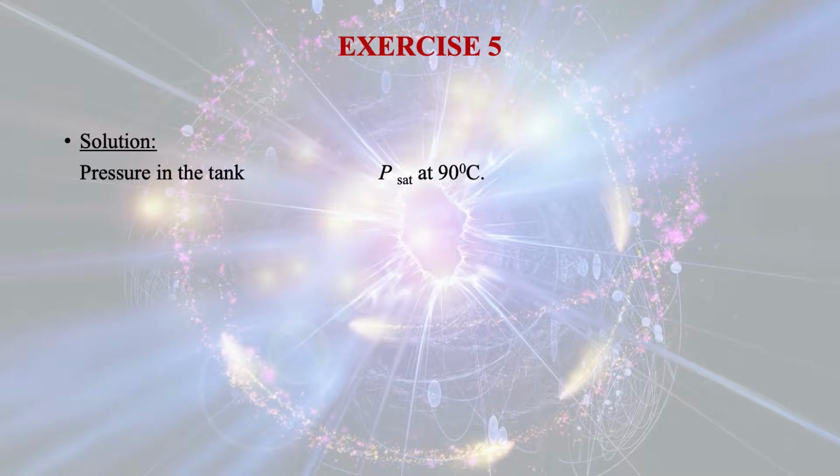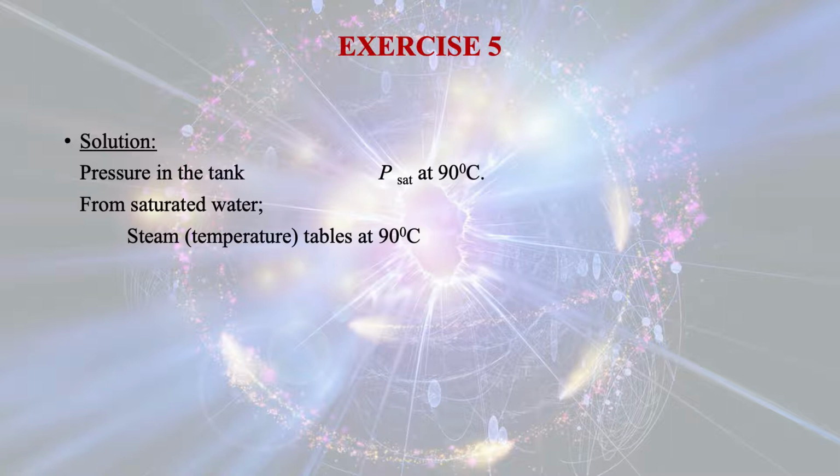So for the solution, as I already gave you the guidance on how to solve any problem on thermodynamics, first of all you have to write down the data given for that particular problem. Here the temperature is given as 90 degrees centigrade, and the pressure in the tank is equal to P saturated at 90 degrees centigrade. That you can get from the steam table.